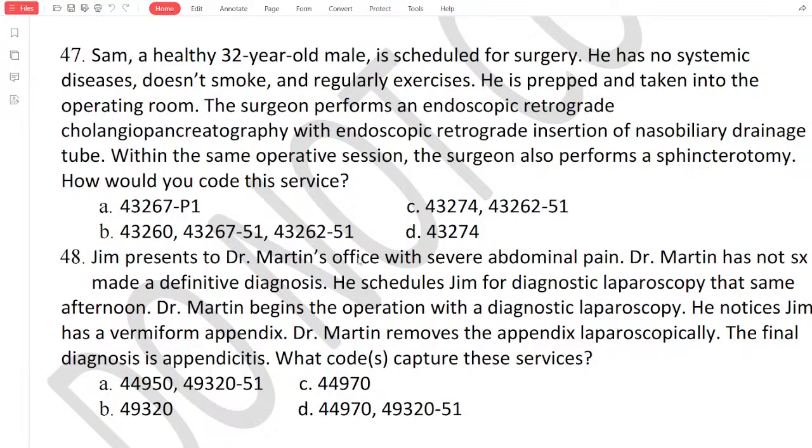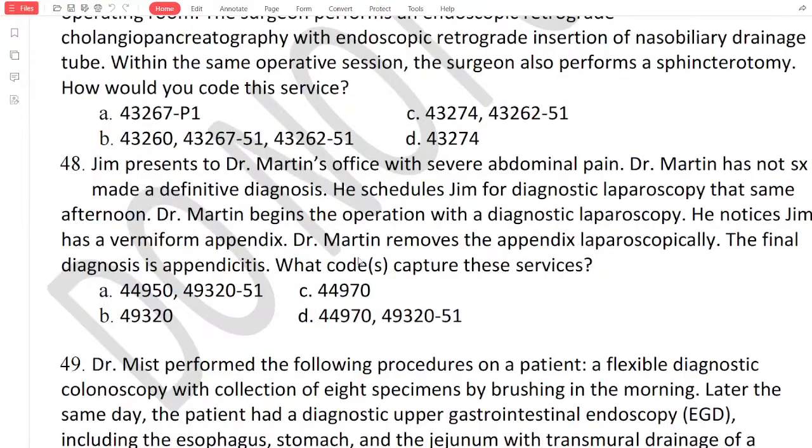The final diagnosis is appendicitis. What code captures these services? Solve it yourself. Modifier 51 is a common modifier used in this procedure. So check every code and try to solve it.